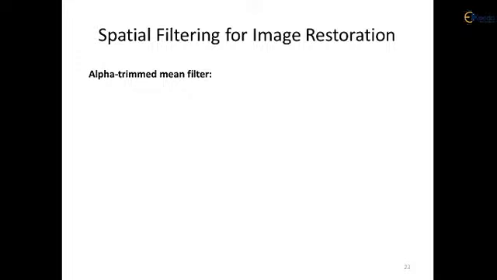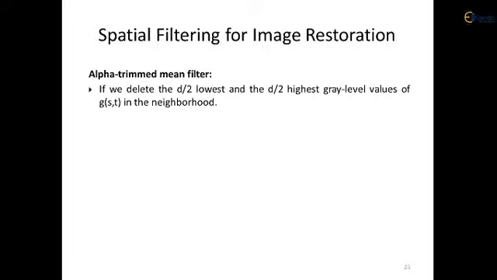The information with respect to the alpha trimmed mean filter can be given this way. If we discard the d by 2 lowest and d by 2 highest gray level values of the image under consideration, denoted by g as a function of s comma t, applying a certain local neighborhood, then we can assume that g suffix r as a function of s comma t represents the remaining mn minus d pixels.